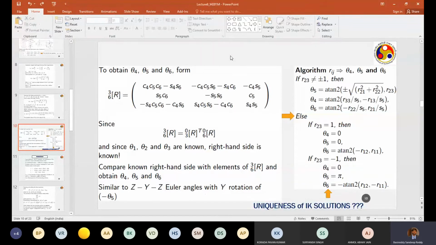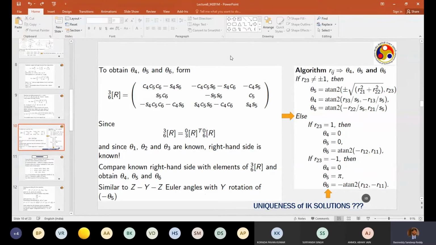There is also another thing to this: when you are solving for this, if you compare this matrix, it will resemble something similar to the rotation matrix corresponding to the ZYZ Euler angles, with the only exception that the Y rotation is happening by minus theta phi.